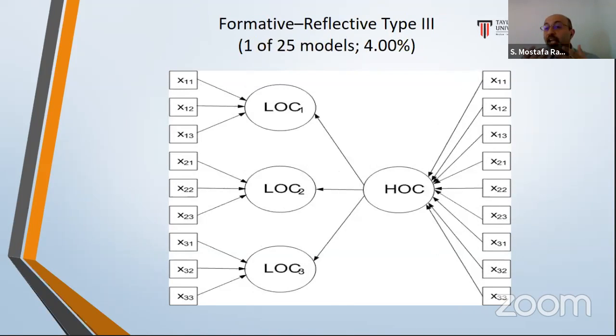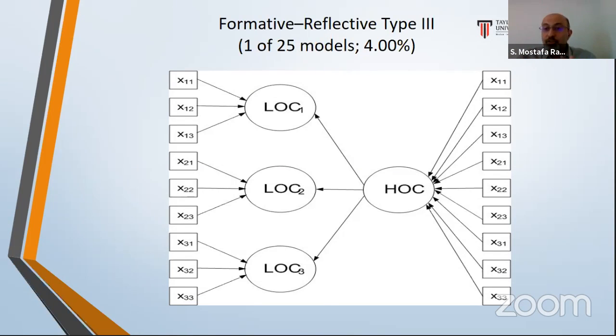Actually, this type is very rare and almost impossible to happen, because when the first layer dimensions are formative, how can these formative indicators establish 3 constructs, where the nature of items of each first order construct and dimension are different and from different perspectives?